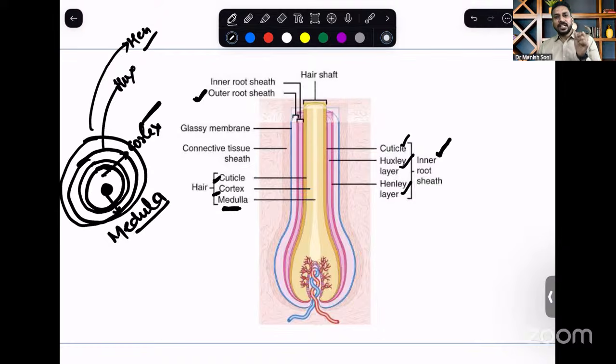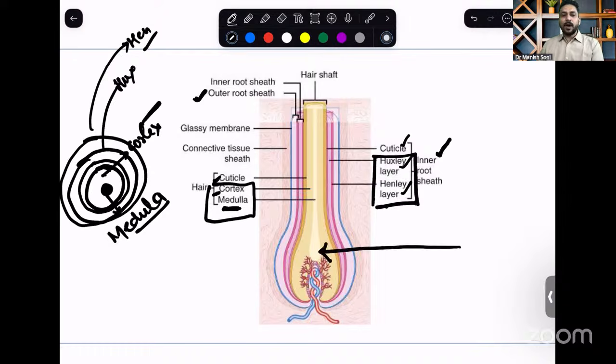Sometimes you get confused about which one is inner and which one is outer. Among cortex and medulla, and among Huxley and Henle, you can see that they follow alphabetical order as we move from outside in. Among Huxley and Henle, which one will come first? They follow alphabetical order, so Henle and then Huxley.